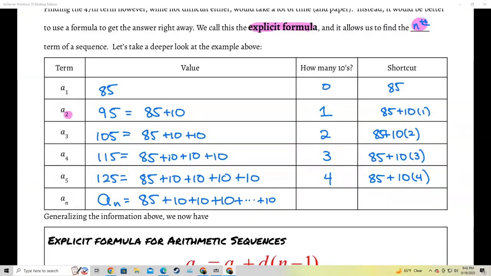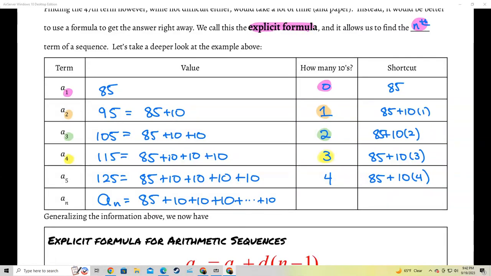I think I like this better. On the first term, I added 0. On the second term, I added 1. On the third term, I added 2. I hope you see a pattern developing. On the fourth term, I added 3 of those 10s.